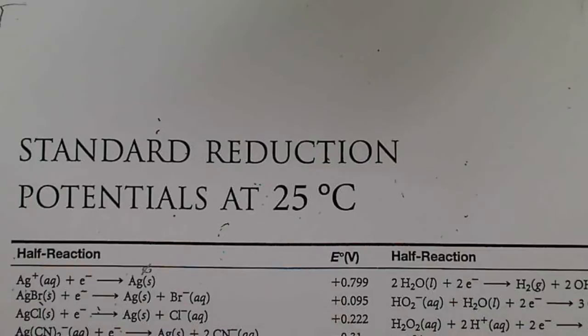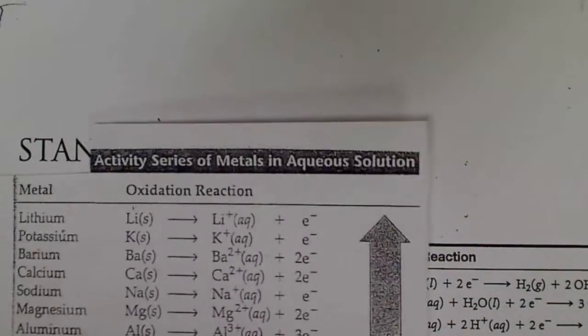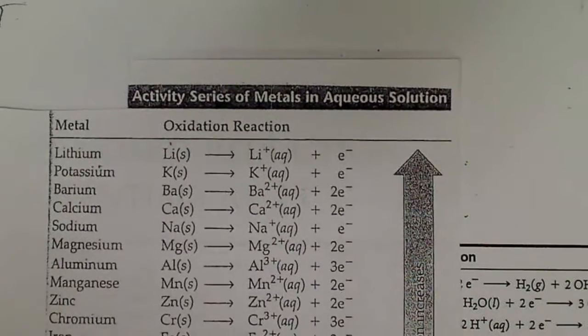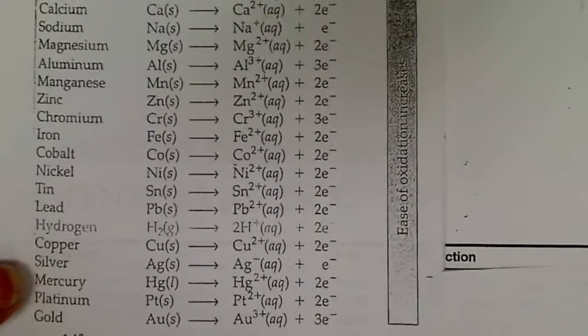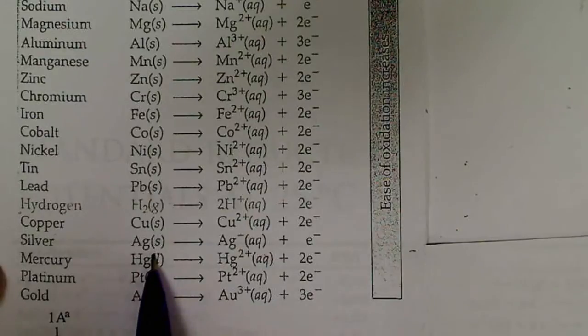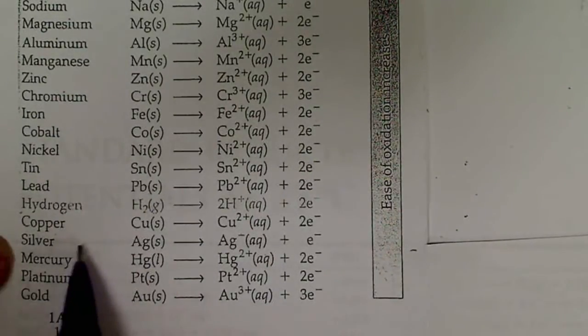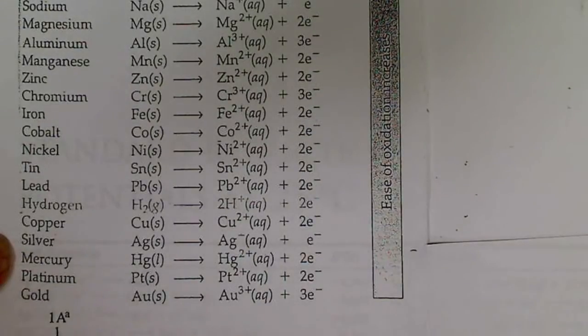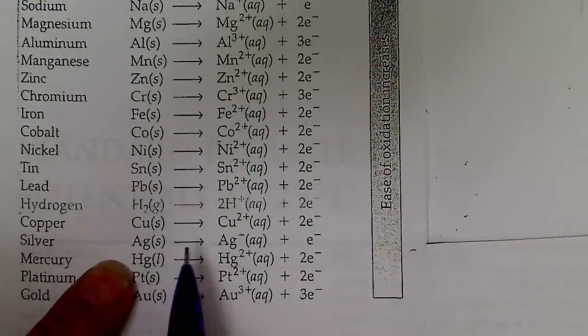And if we remember from the activity series, that table is written in terms of oxidation. I'm going to pull that up here. So oxidation, if I look at silver, is at the bottom of the activity series, meaning silver does not like to be oxidized.